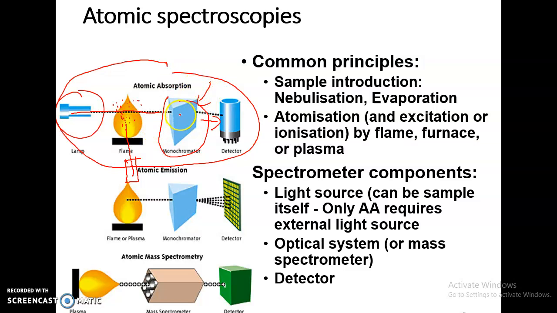That is because this lamp is dedicated for one element only. For example, if you want to analyze Pb2+, you are using a hollow cathode lamp of Pb only. Therefore, it is okay for the monochromator to be after the sample, because it is already giving the radiation at the wavelength dedicated for Pb only.